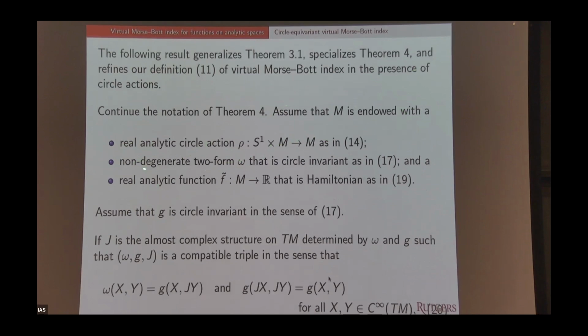We need a non-degenerate two-form that's circle-equivariant. Could be a symplectic form, it just doesn't have to be. It just needs to be non-degenerate. And a real analytic function that's Hamiltonian with respect to this almost symplectic form. And then that combination of metric and symplectic form defines an almost complex structure.